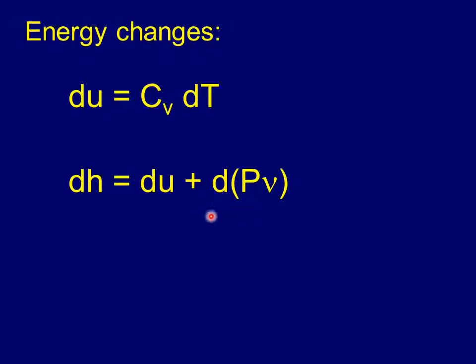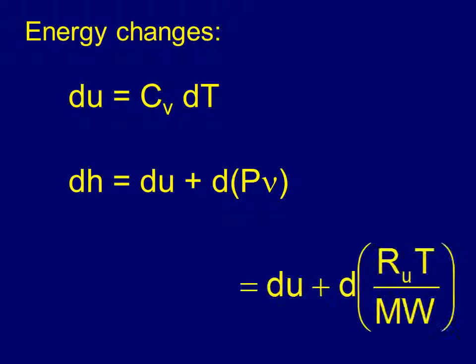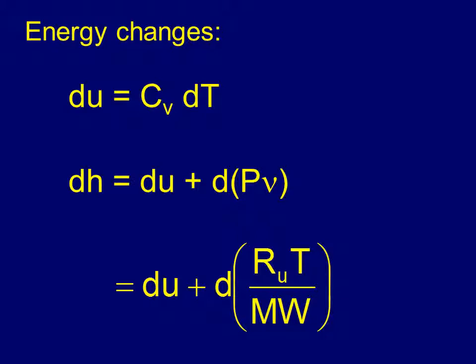And so we can add that together. For an ideal gas, PV is equal to Ru T over molecular weight, so dH is equal to dU plus d of this quantity in the brackets.